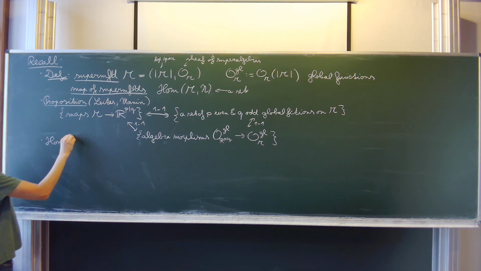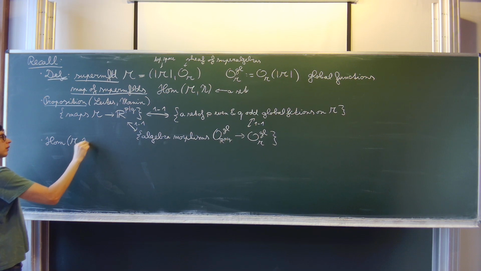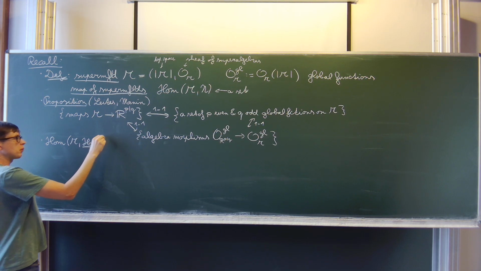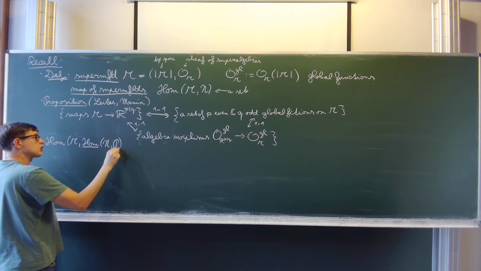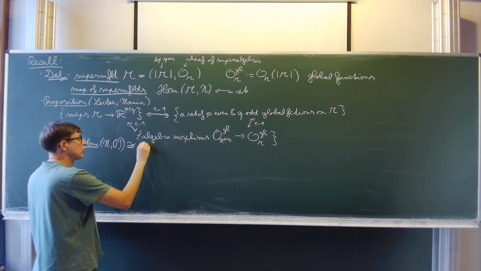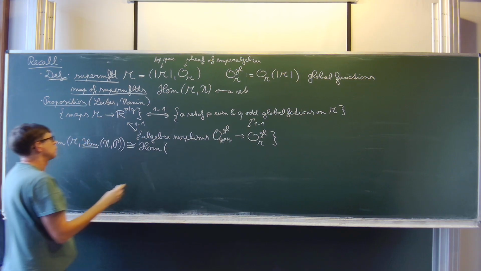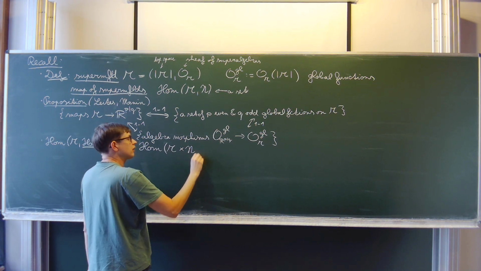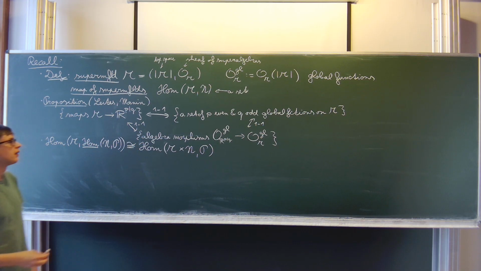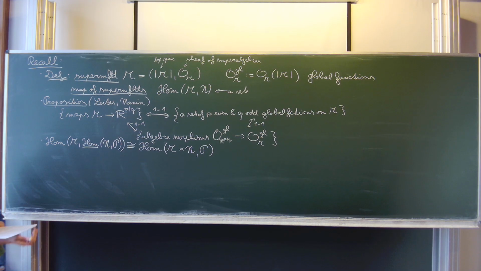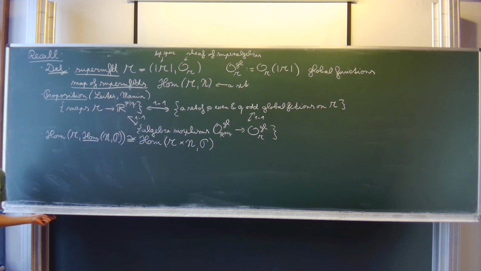And then we discussed how one can instead build a supermanifold of maps, which is denoted by the underline symbol. This was constructed by requiring that maps into that space are canonically isomorphic to maps from M times N to P. And if you recall, the product was again defined categorically in the usual way.